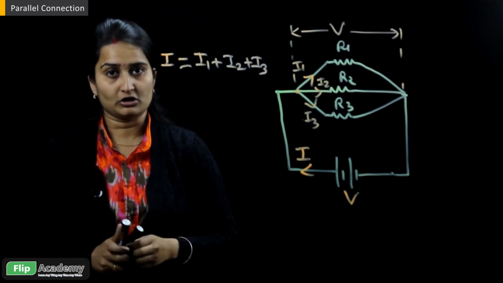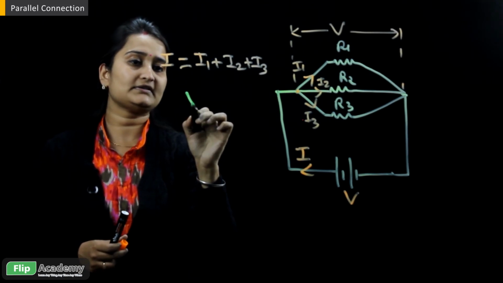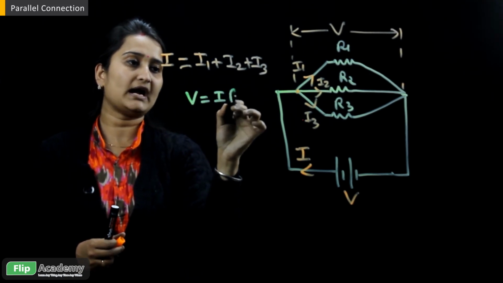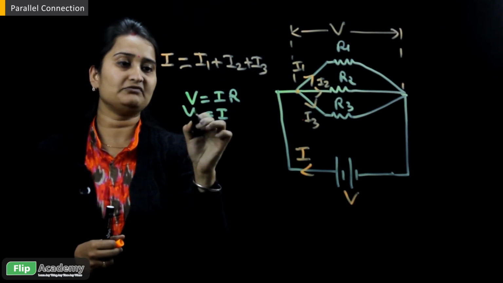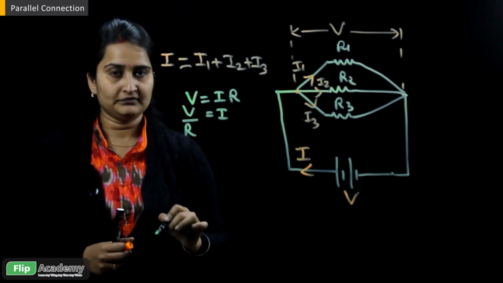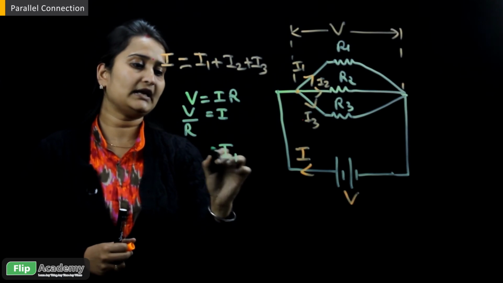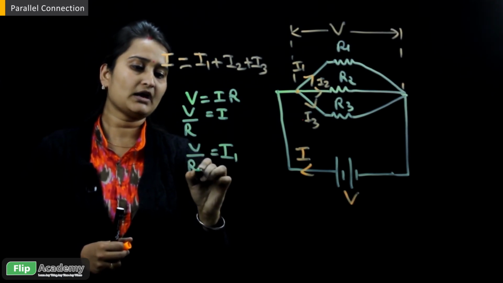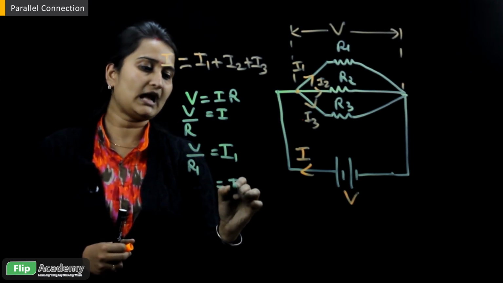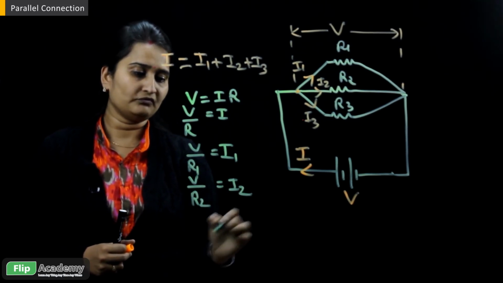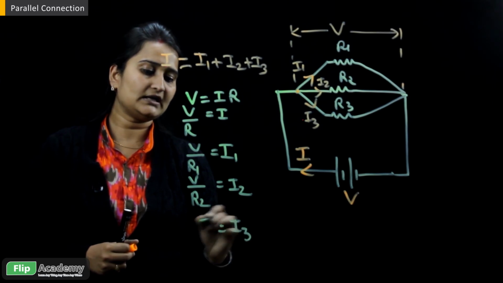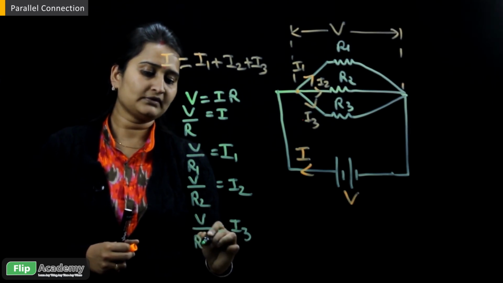We know Ohm's law. Ohm's law states that V is equal to IR. Let's make it the formula for I, that is V upon R. If we consider I1, then it becomes V upon R1. If we consider I2, then it becomes V upon R2. If we consider I3, then it becomes V upon R3.